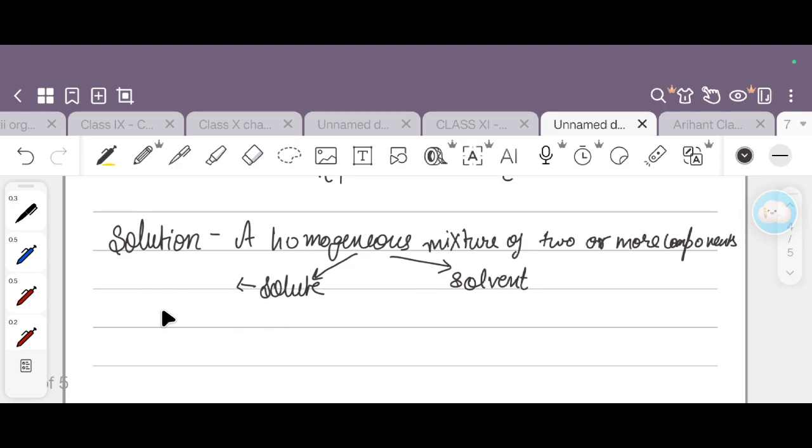So solute is that component of the solution which is present in the lesser amount, and solvent is that component of the solution which is present in the larger amount.